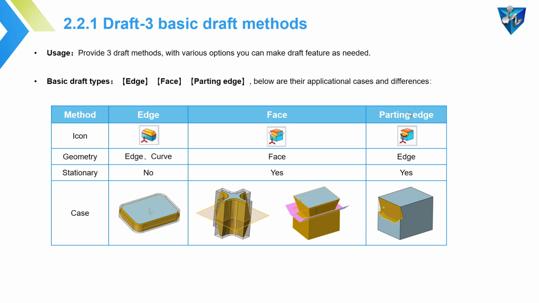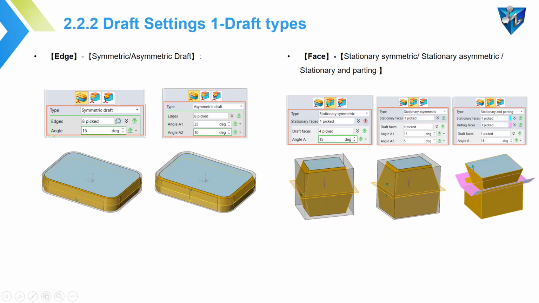And the third one is parting edge draft. In this one, the draft geometry can only be edge, and there is a stationary geometry. And there are some settings in the draft command.